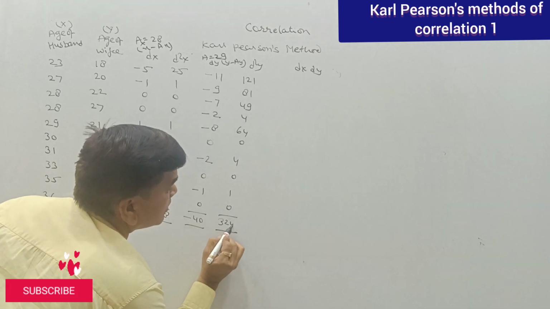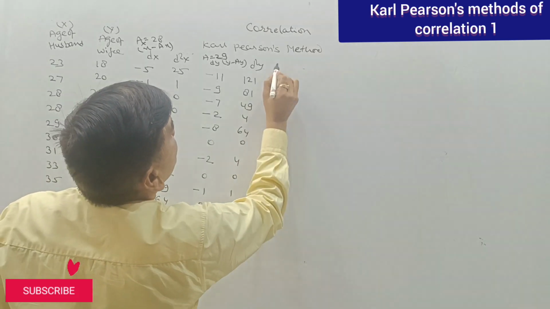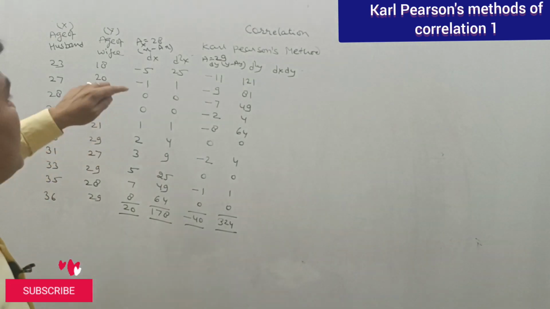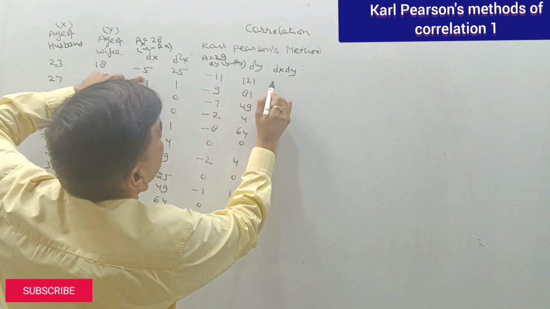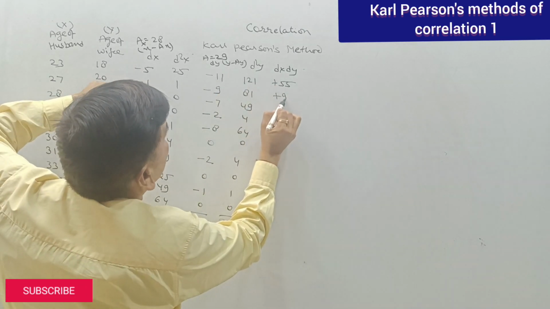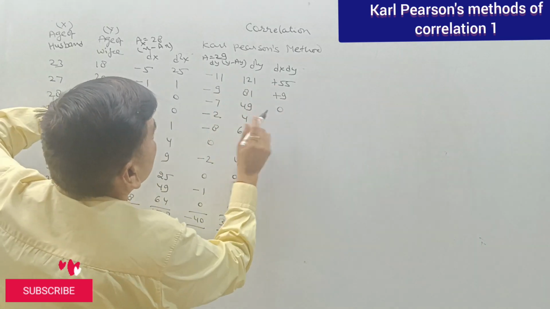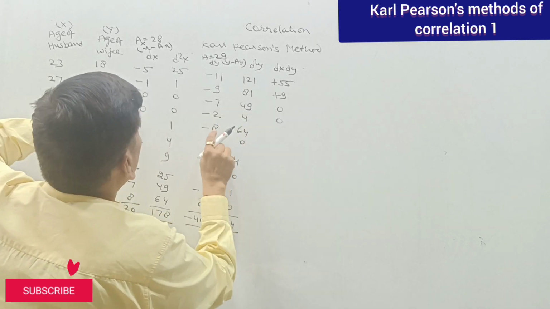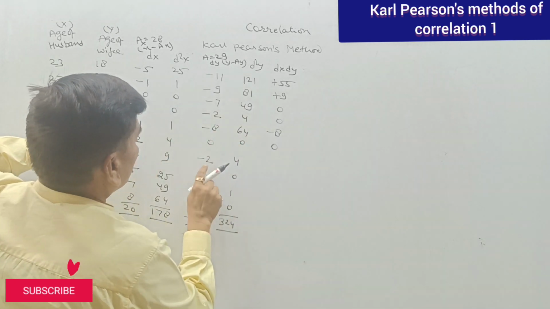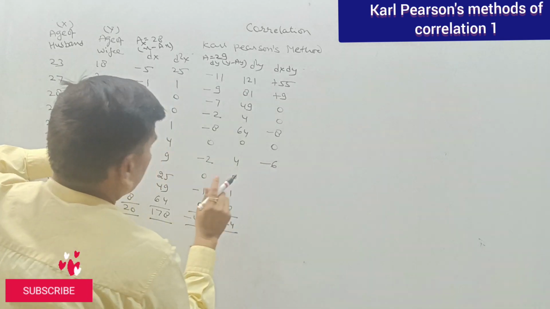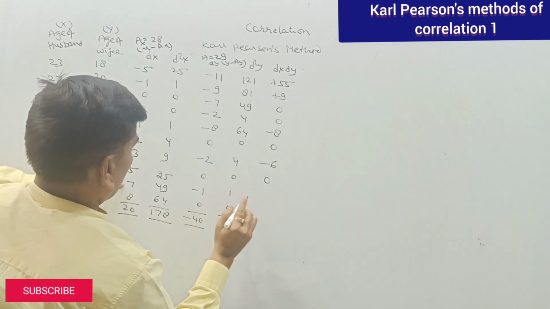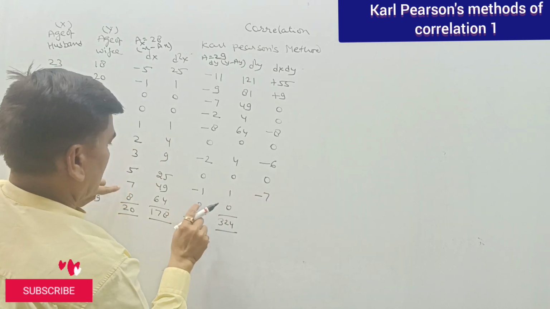The sum is 324. And the last value we have to calculate is dx dy. So dx dy: 5 multiplied by 11 is 55, 9 multiplied by 1 is 9, 7 multiplied by 0, 2 multiplied by 0, 8 multiplied by minus 8, 0 multiplied by 2, 2 multiplied by minus 6, 0, minus 7, 0.